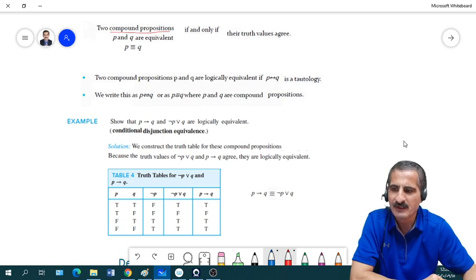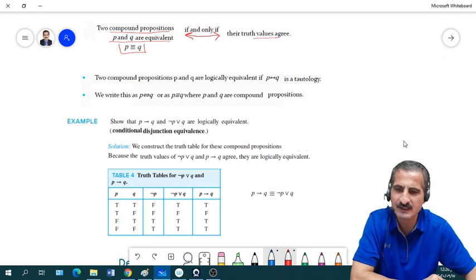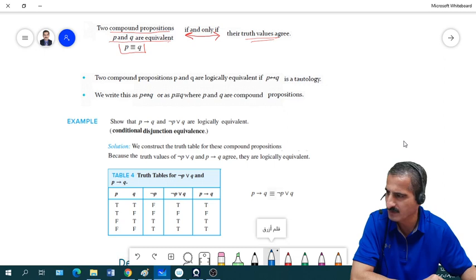Two compound propositions are logically equivalent if and only if they agree on their truth value.